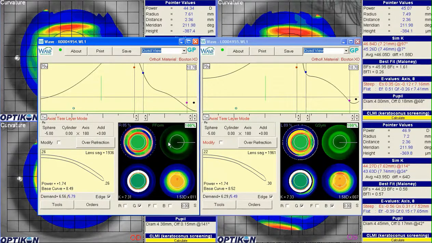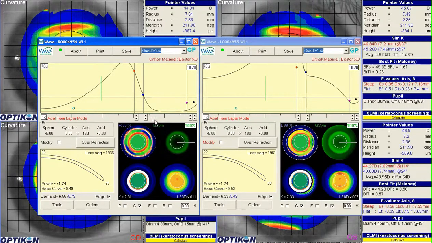So we are going to get a little less alignment in this freeform mode compared to the GSYM view mode, where Wave is turning the cornea into the closest GSYM shape it can come up with. Even with this clearance out here, this GSYM lens does look like it aligns pretty well, so I would leave it in GSYM.